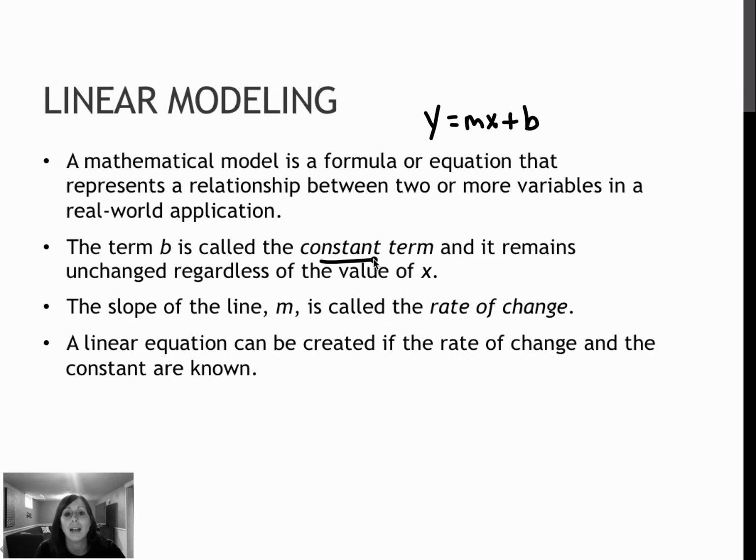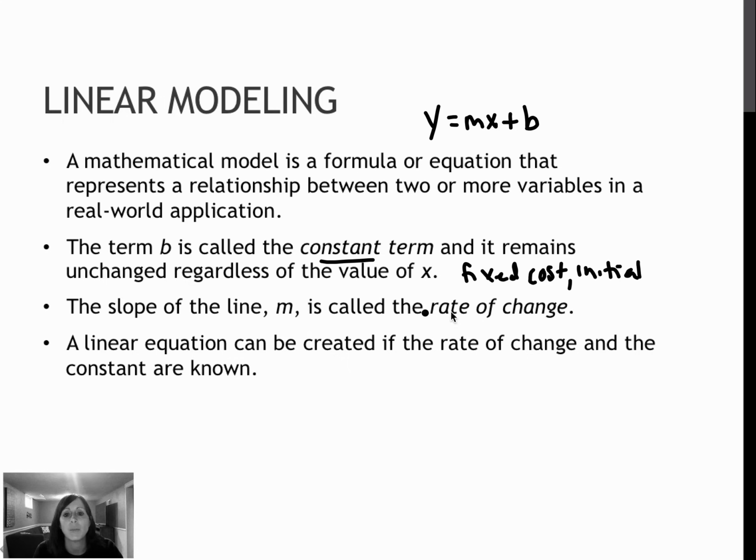The b is the constant term, and that remains unchanged. So typically, if there is a fixed cost, or if there is an initial cost, that's going to be that b value. So that's the term that you pay this much up front.